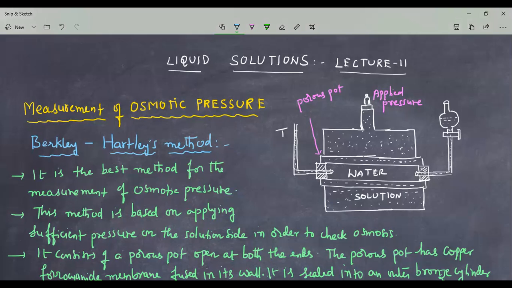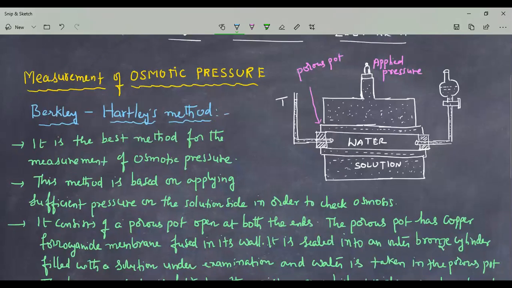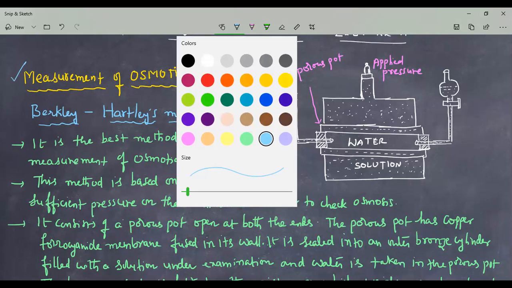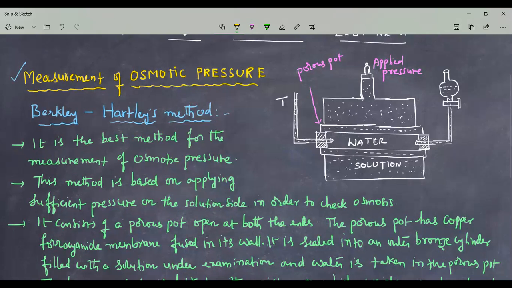See the picture here, this is the measurement of osmotic pressure diagram I am showing you. In this picture, this is one apparatus diagram that belongs to the measurement of osmotic pressure by the Berkeley-Hartley method. Actually, this method is said to be the best method for the measurement of osmotic pressure.